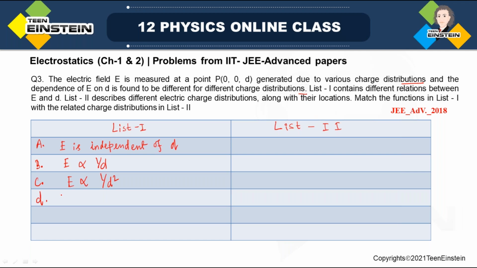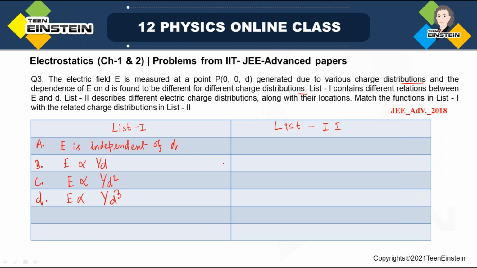D says E is inversely proportional to the cube of the distance, D cube. So these are 4 options, or 4 relations of electric field with D.